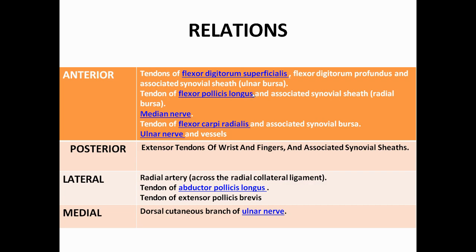Posteriorly, the extensor tendons of the wrist and fingers and associated synovial sheath. Laterally, the radial artery, tendon of abductor pollicis longus, tendon of extensor pollicis brevis. Medially, the dorsal cutaneous branch of the ulnar nerve.